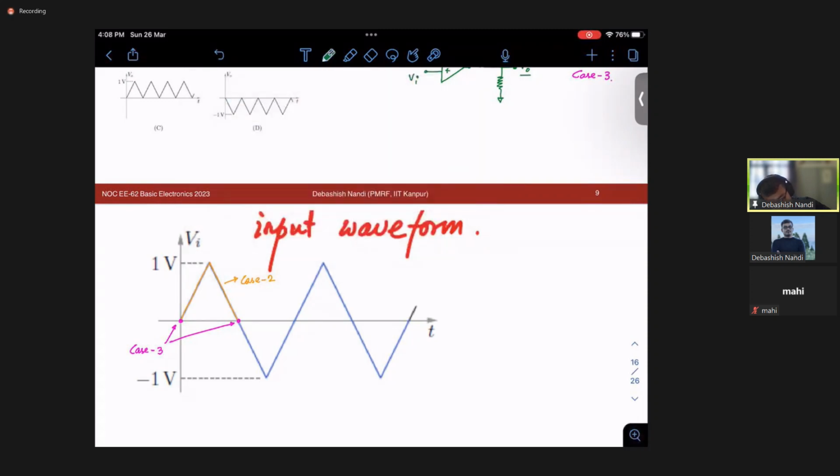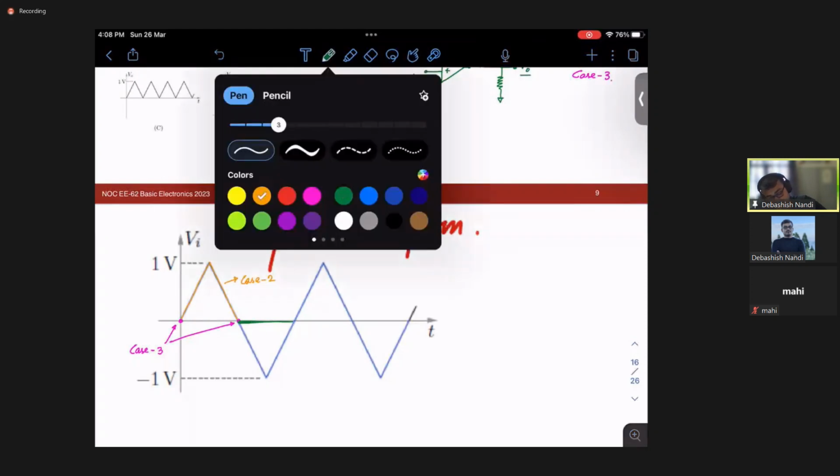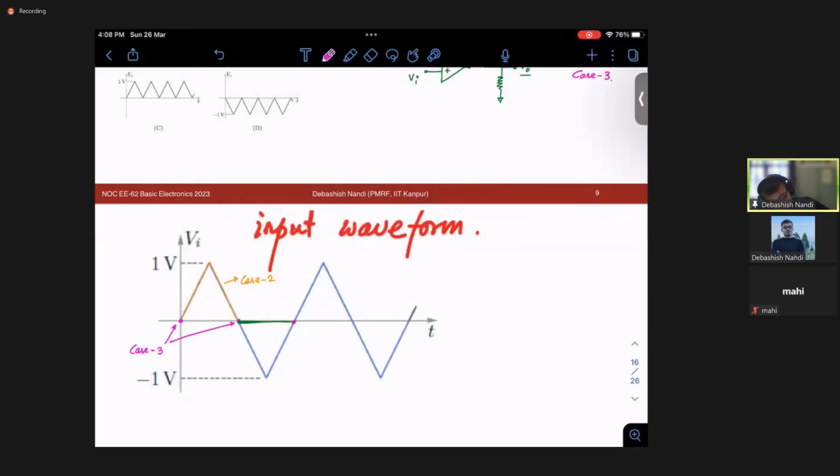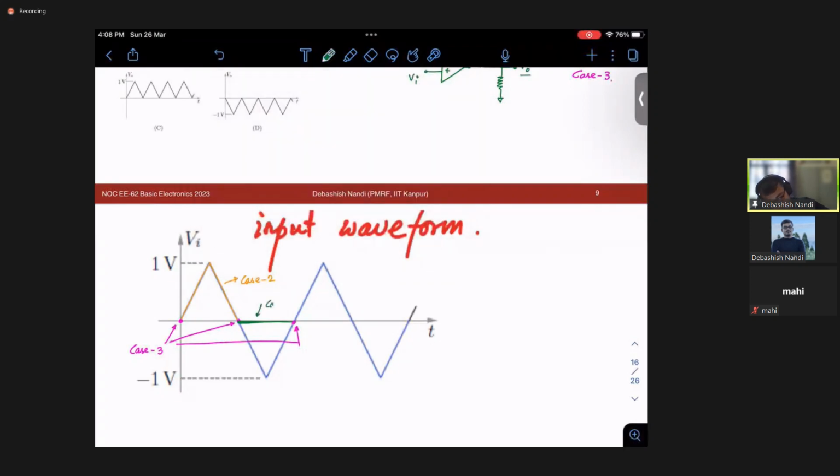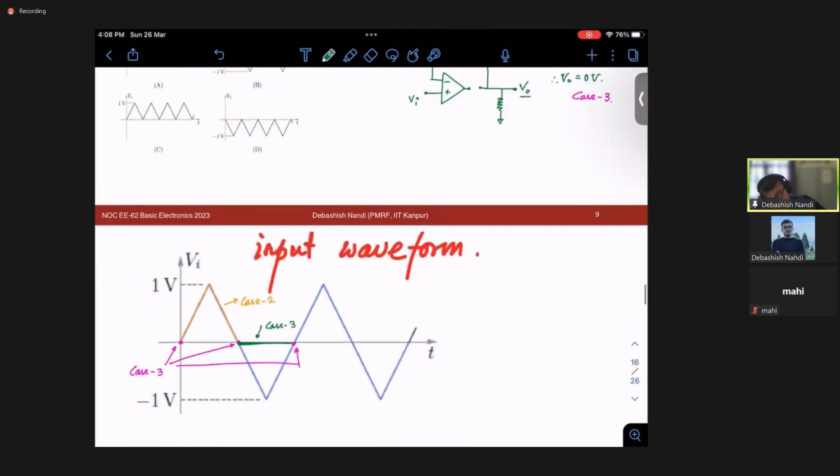So your output will then be like this. And then again your positive cycle, and then again it will be in case 3, and this is nothing but case 1.